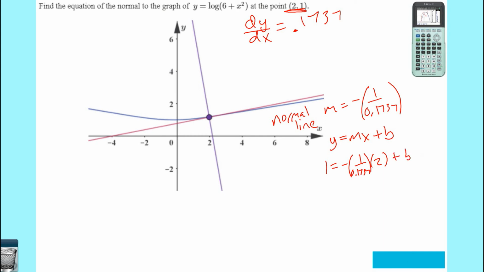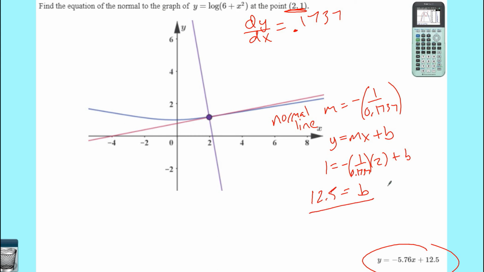Solve for that, and you'll get this. There we go. This solves for b. Again, this would get you just 12.5, but then you'll have your b, your slope, and then you can plug it all in right here. Okay?